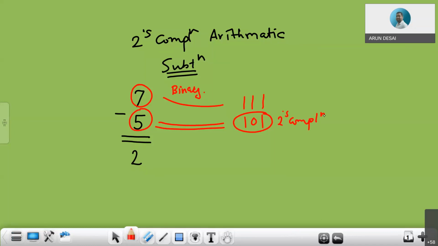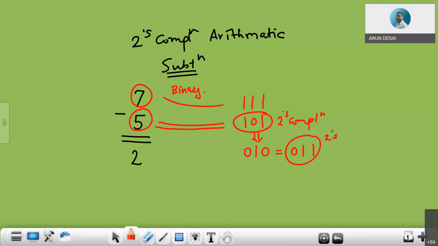First, you need to find the one's complement. One's complement is reversing all bits, 1 to 0 and 0 to 1, and then adding 1 to it, right? That is 0, 1, 1. So this is basically the two's complement number for the subtrahend, or second number, right?